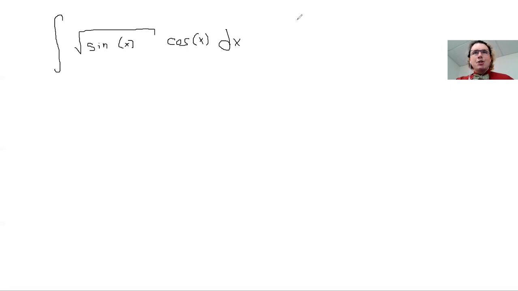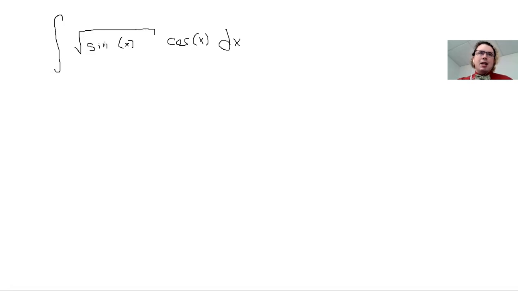Now, what marks this as a potential substitution problem? I'm looking for some function, but also its derivative. If I can find both of those things in my integrand, then that would suggest to me that I actually do have a substitution on my hands, something that can clean up this integral.